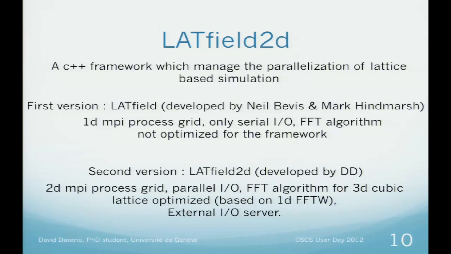The first version had a one-dimensional processor grid with serial I/O and without an optimized FFT algorithm. What I have written is the second version. I moved from a one-dimensional to a two-dimensional processor grid, added parallel I/O, optimized the FFT algorithm for 3D cubic lattices, and added an external I/O server.